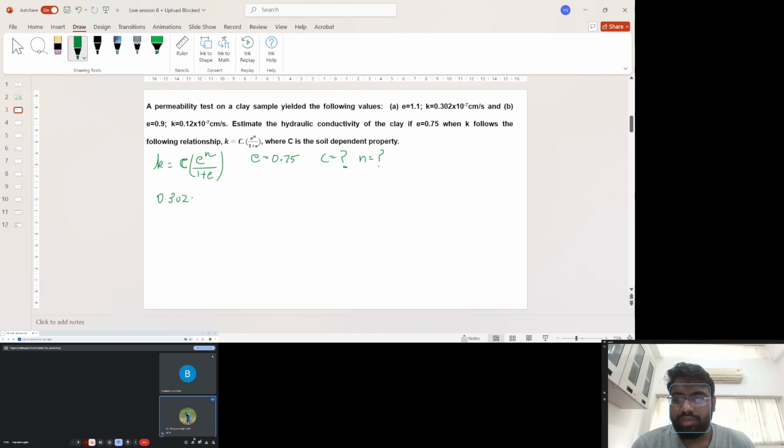So now K is 0.302 into 10 power minus 7 is equal to C into 1.1 power n by 1 plus e, which comes to 2.1. Right.